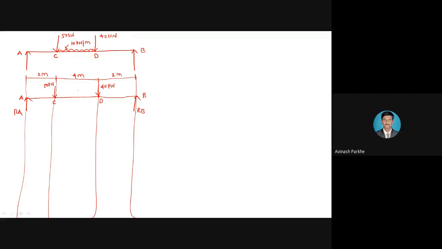So always, whenever we are converting UDL into the point load, that point load should be indicated by the dotted line. किंवा तुमच्याकडे जर कलर पेन असतील किंवा असेच पेन्सिल वगैरे असेल तर UDL जो पॉइंट लोड मध्ये कन्वर्ट करतोय तो वेगळ्या कलर ने किंवा डॉटेड लाईन ने इंडिकेट करा जेणेकरून ते आपल्याला अंडरस्टँड होतंय. Here I will indicate by the dotted line, that is 10 into 4 is equal to 40 kilonewton, and it will act at the center.